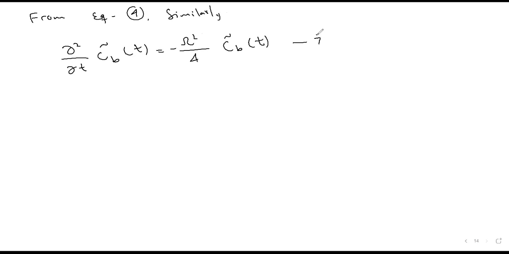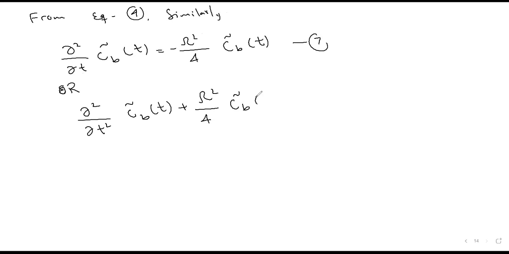This is equation number 7, or partial square by partial t square Cb(t) plus omega square by 4 Cb(t) is equal to 0.